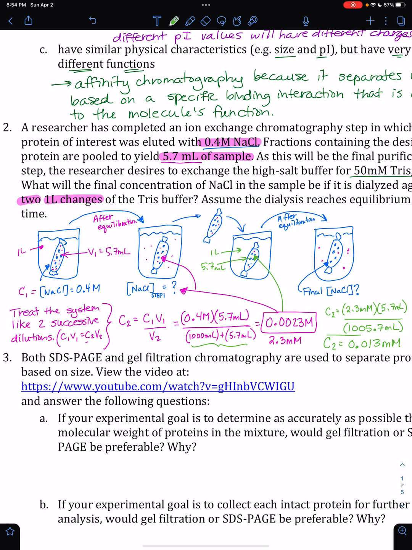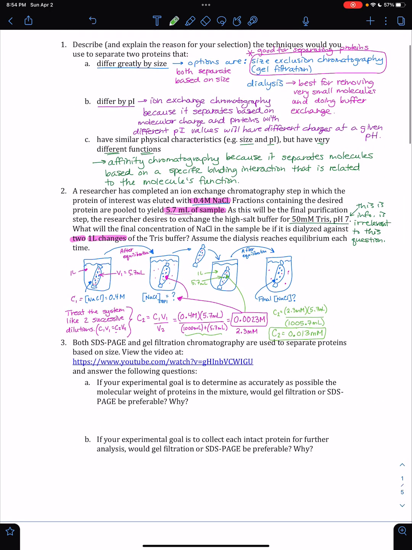So that is a very, very tiny concentration. This is going to be the final concentration in the dialysis bag after 2 rounds of dialysis.